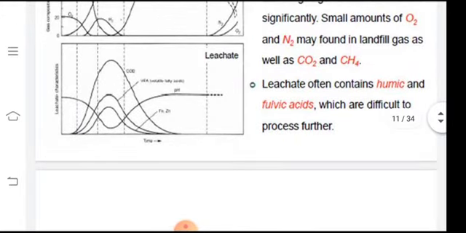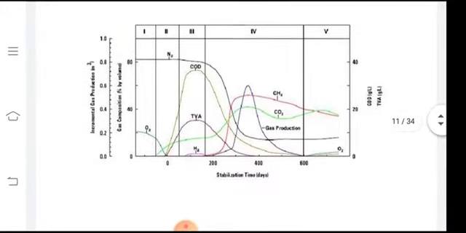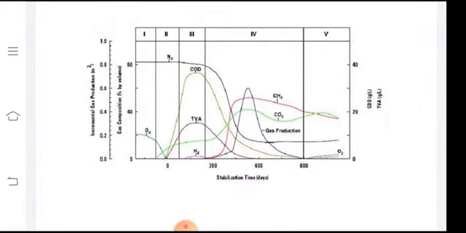So this is about the decomposition process and how it takes place. There are about 5 phases, and this is again a graphical description, but in colored form, so maybe you can easily trace the generation of these gases and at what phase they are being generated. You can check it out here.